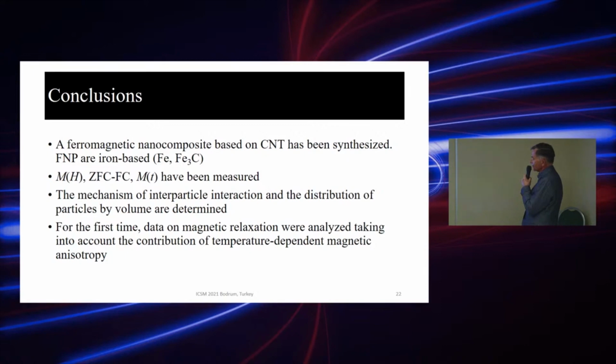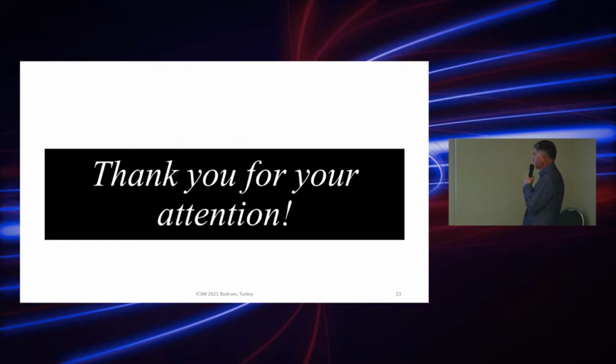We measured magnetic hysteresis loops, zero-field-cooled curves, and magnetization versus temperature, and we determined the mechanism of interparticle interaction and the distribution of particles by volume. And for the first time, data on magnetic relaxation were analyzed, taking into account the contribution of temperature-dependent magnetic anisotropy. Thank you very much for your attention.